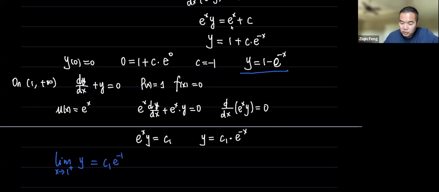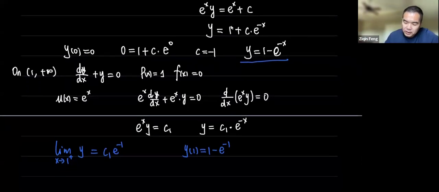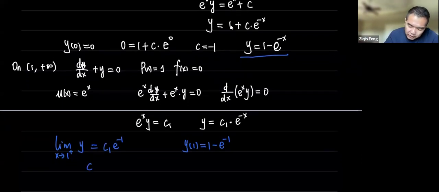And also we know that y of 1 equal to 1 minus e to negative 1. Well, these have to be the same because that's the requirement for our function to be continuous. Right limit should equal the function value. So we set up our equation: C1 e to negative 1 equal to 1 minus e to negative 1. So C1 is actually e minus 1, multiplying by e on both sides.